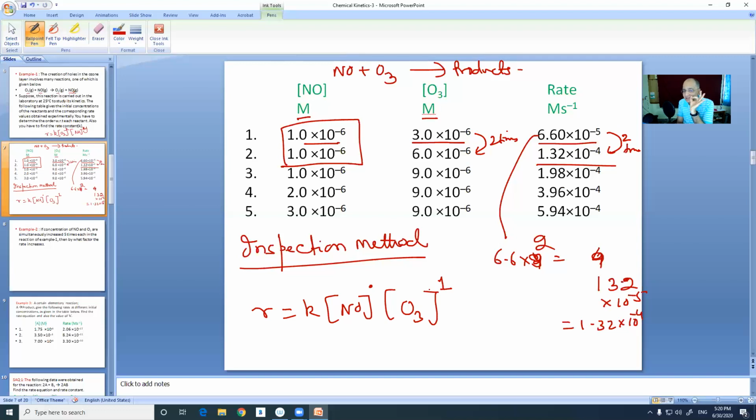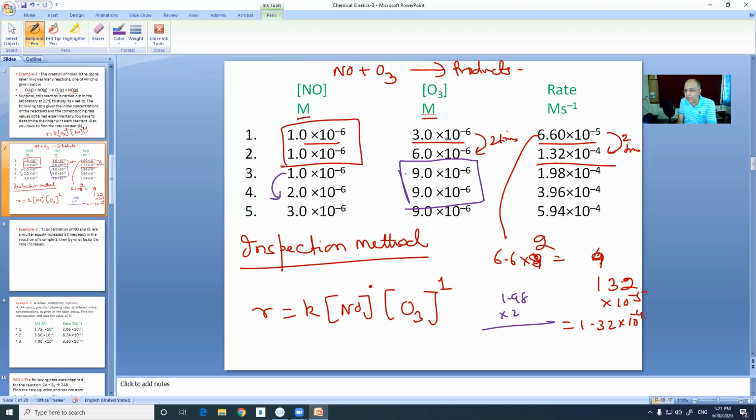Now we have to test where the concentration of ozone is fixed. Now see, these two where the ozone concentration is fixed. And while we change the concentration of NO, doubling it from 1 to 2, the rate has again increased by 2 times. 2 8s are 16, 2 9s are 18, 1.98 into 2, nearly.